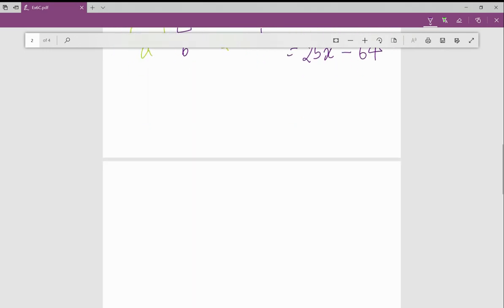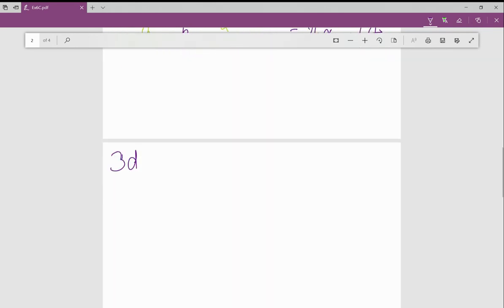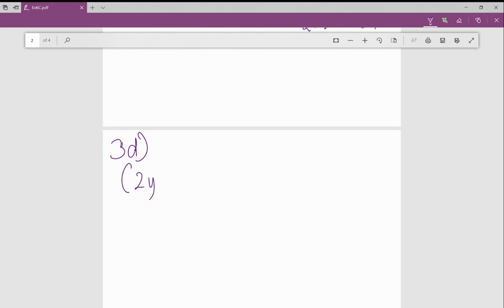I'm going to do one question from the workbook, which is 3D. You can copy this in your workbook. This is to make sure that you're listening to the video. The question is (2y plus 1 quarter z)(2y minus 1 quarter z).